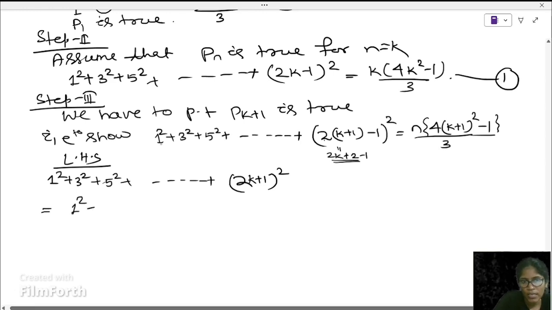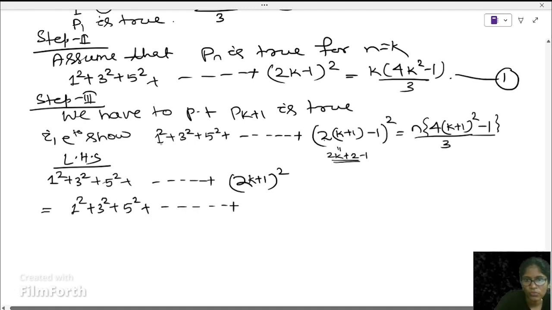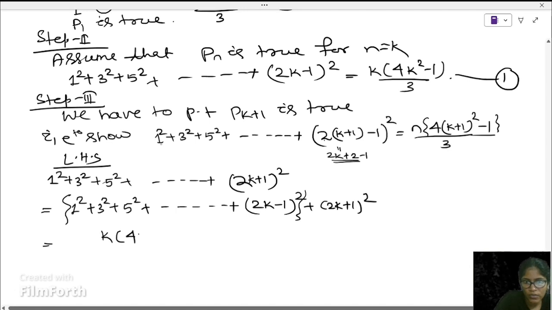Now, 1 square plus 3 square plus 5 square, we can write it up to 2k minus 1 square plus 2k plus 1 whole square, because its previous term is 2k minus 1. That implies putting its value, k into 4k square minus 1 by 3 plus 2k plus 1 whole square.